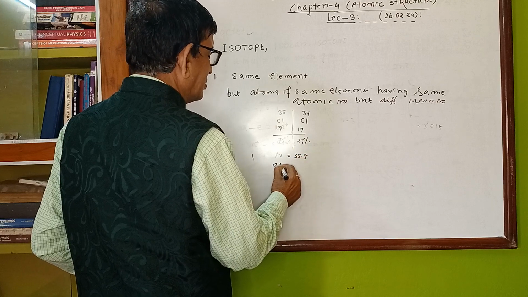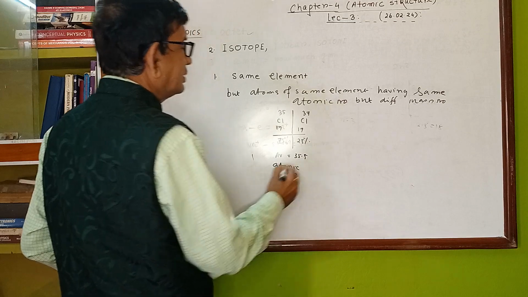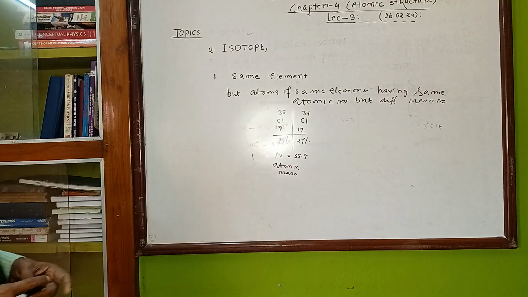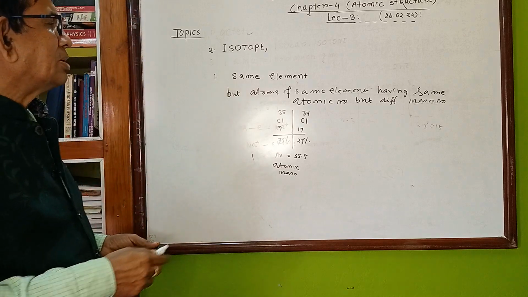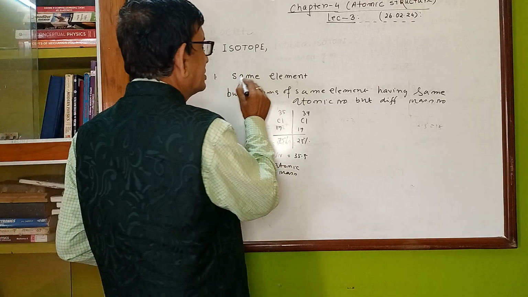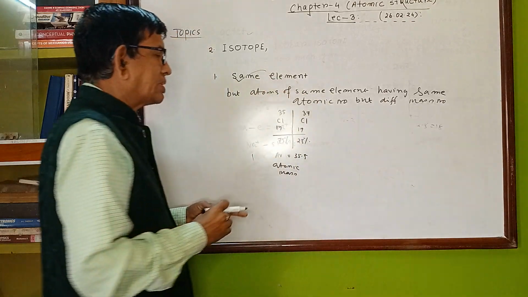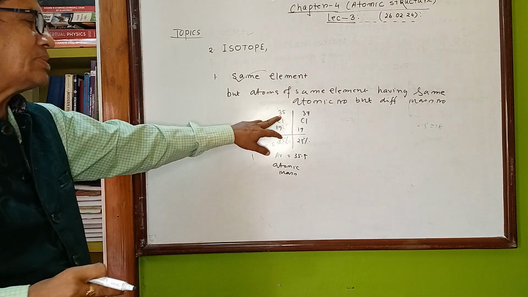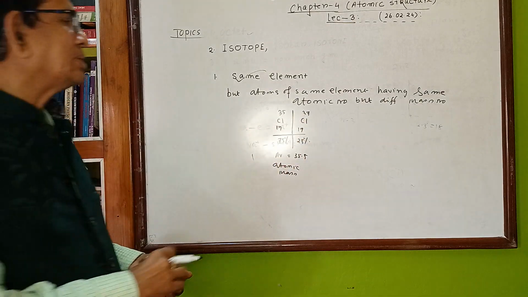Clear? Both are chlorine atoms, but some chlorine atoms have mass number 35 and others 37, while the atomic number is the same, 17.